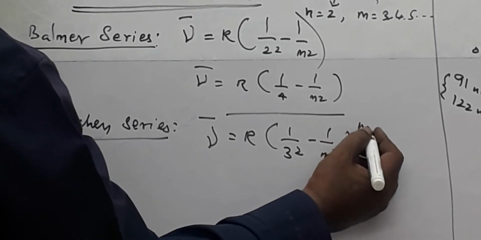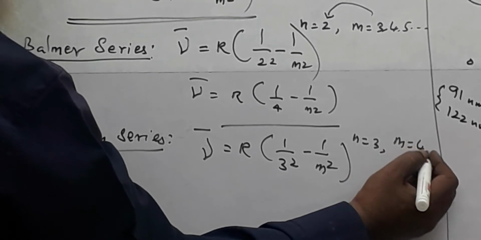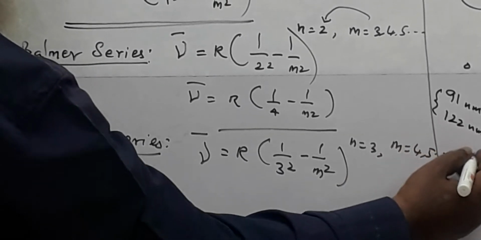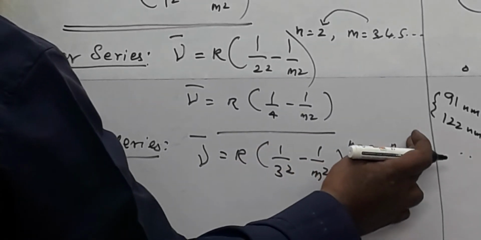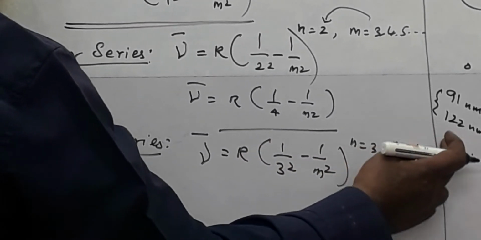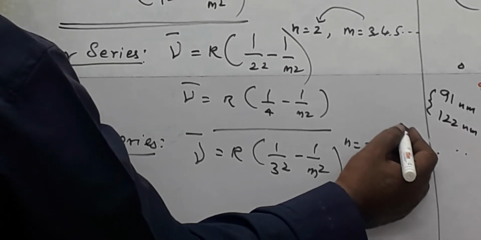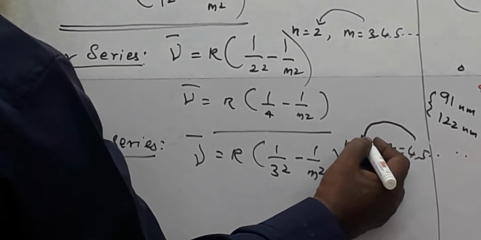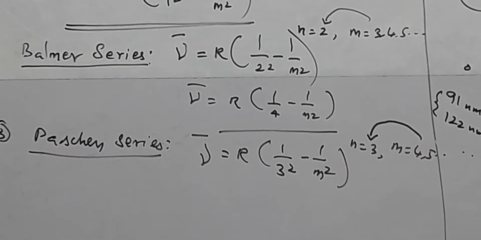Here n is equal to 3, m is equal to 4, 5, and so on. That means the electron jumps from the higher energy levels 4th, 5th, 6th and so on to the level of n equal to 3, and then we get the Paschen series.